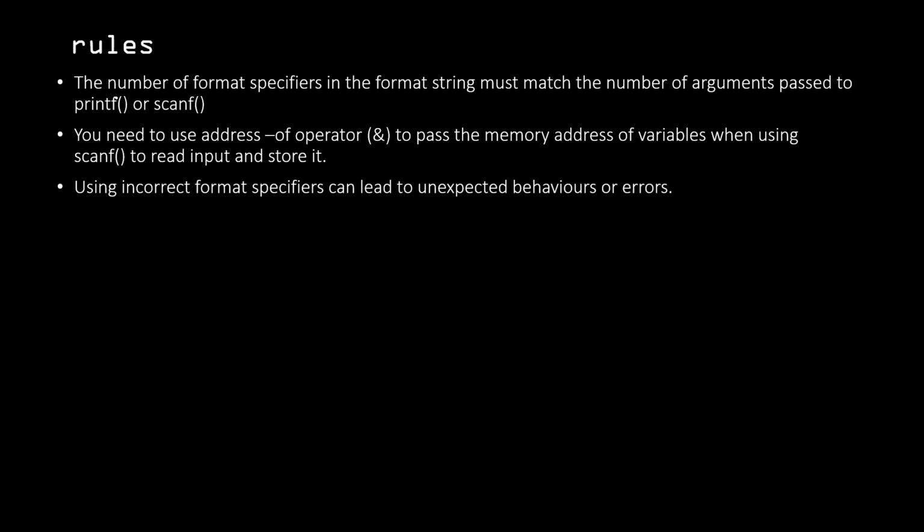Our first rule is that the number of format specifiers in the format string must match the number of arguments passed to printf or scanf. What does this mean? If I use scanf and write double quotes, %d, a space, and then %d, and I give two memory locations, let's understand, I store our first %d inside variable a and our second %d inside variable b.